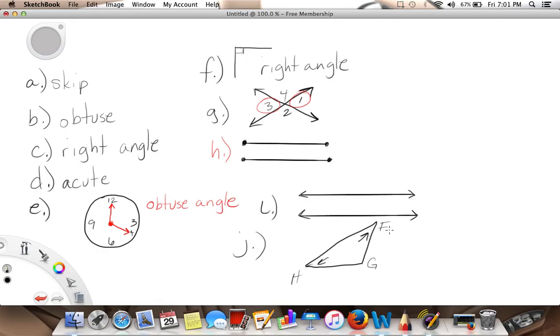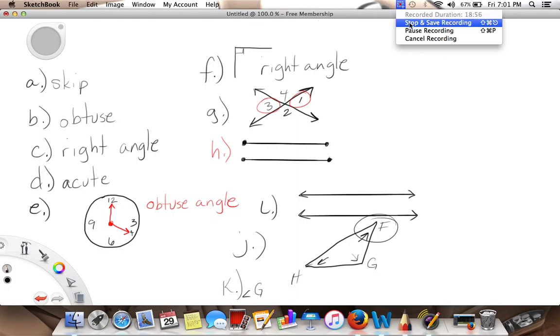And angle F would be acute as well. Okay, and then part K says name an obtuse angle. Well, there's only one other angle, so angle G is obtuse. And that's that.